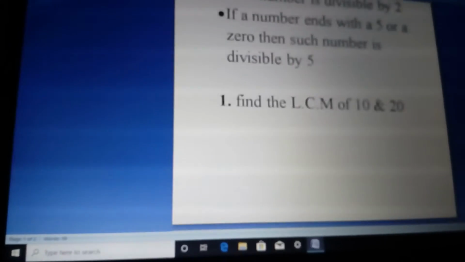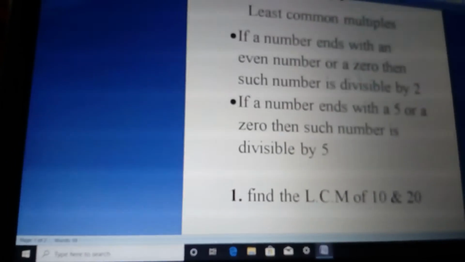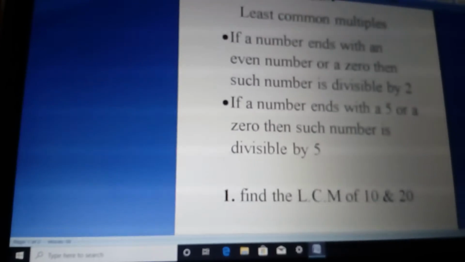Now we have the first question, find the L.C.M of 10 and 20. If you look, 10 is ending with 0, and so is 20. Which means our first condition holds for this, which says if a number ends with an even number or a 0, it's divisible by 2.